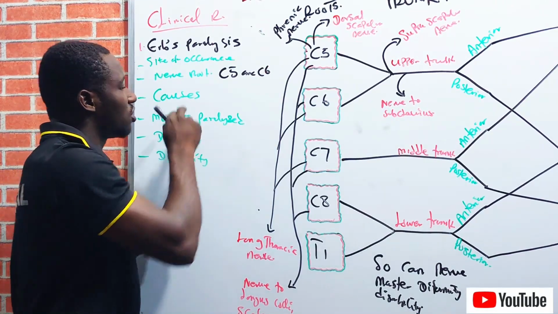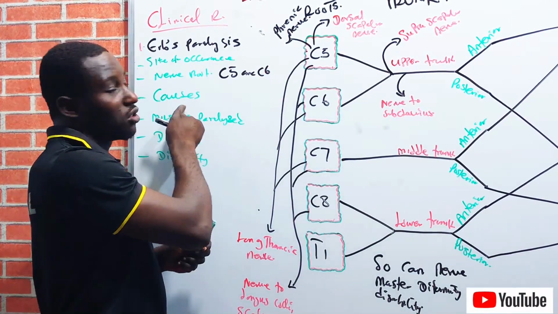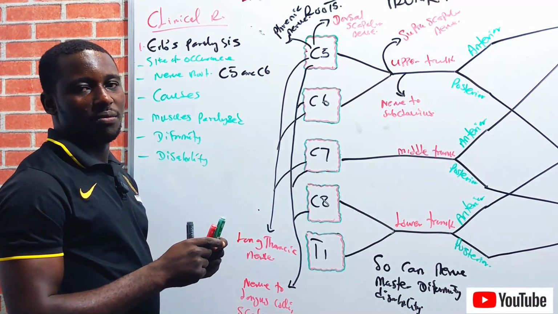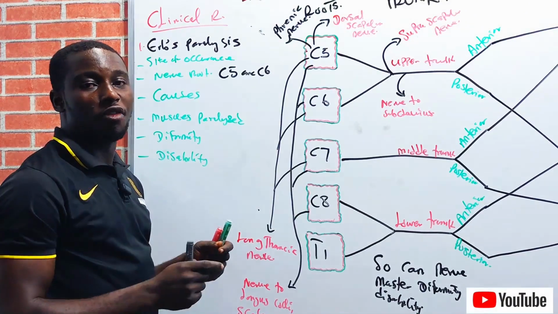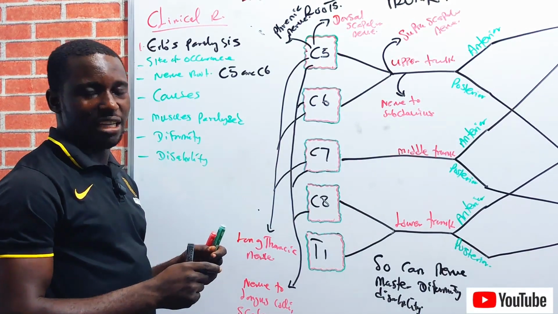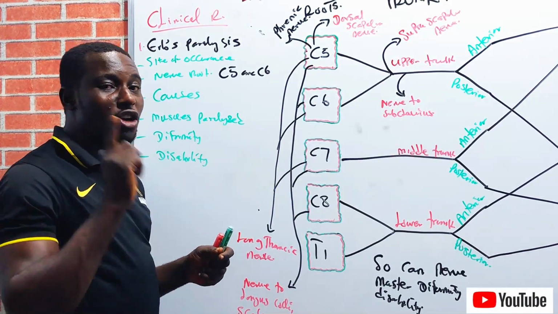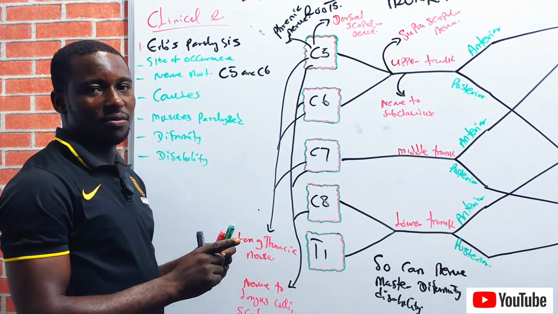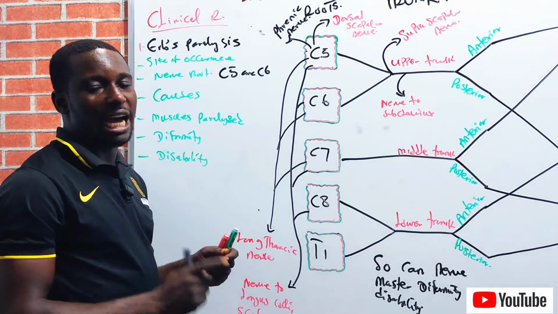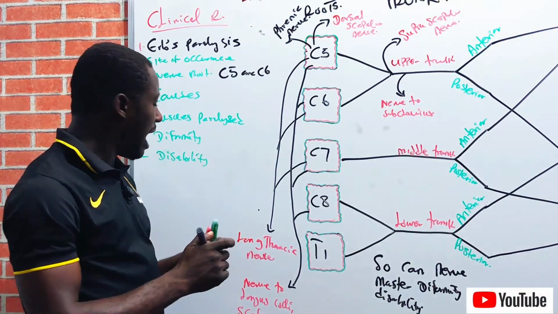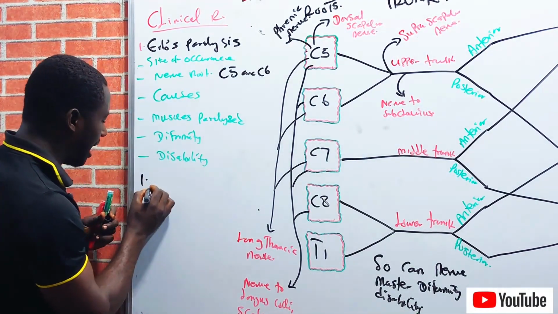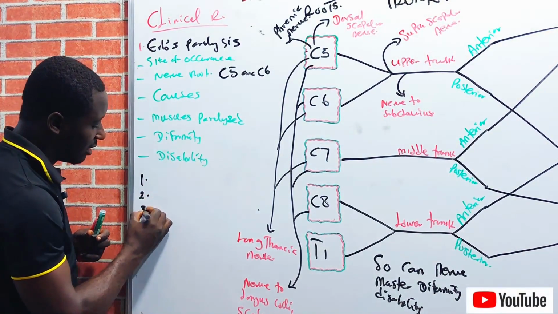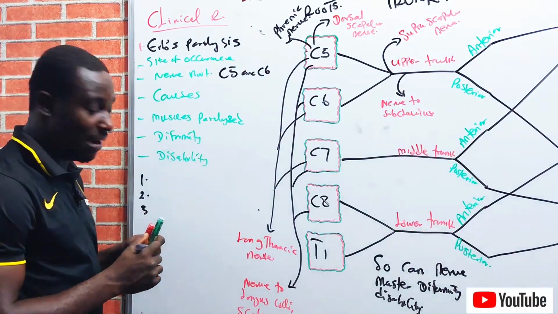Now, what is the cause? It is caused, number one, by a fall from a height. Number two, landing on the shoulder. Number three, traction of the arm.